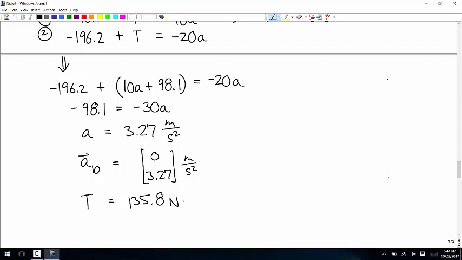And that is somewhere in between, just about like you guessed. That force is somewhere in between the weight of a 10 kilogram thing and the weight of a 20 kilogram thing. Not exactly in between, but in the right ballpark.